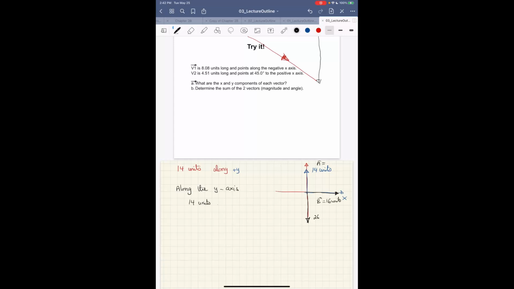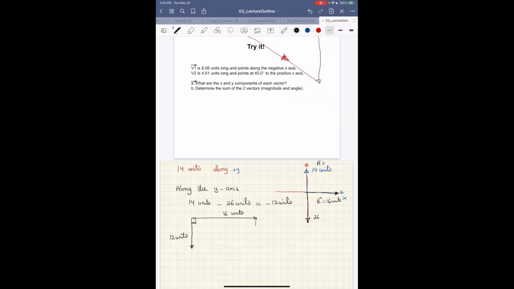minus 26 units equal, when you subtract, is going to be negative 12. Then you can say that this is just 12, and this one is 16, and this can be done using the Pythagorean theorem.